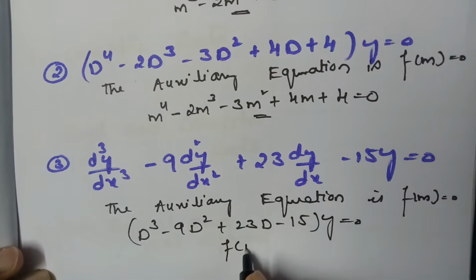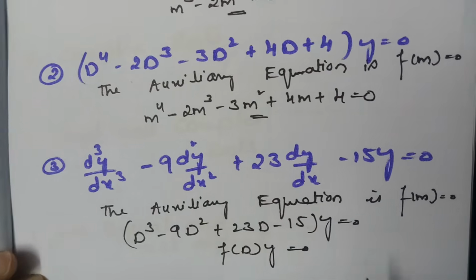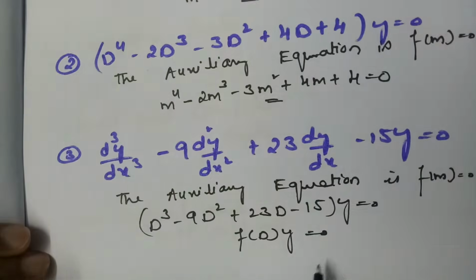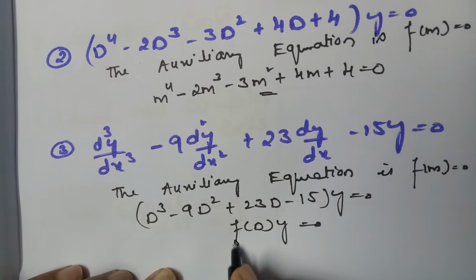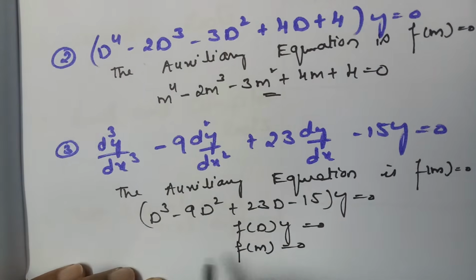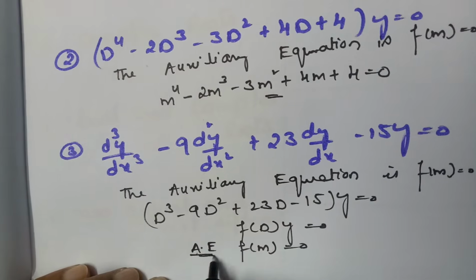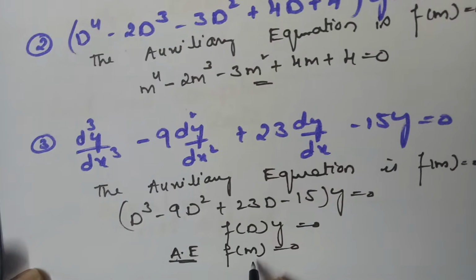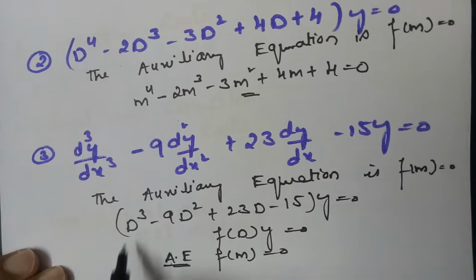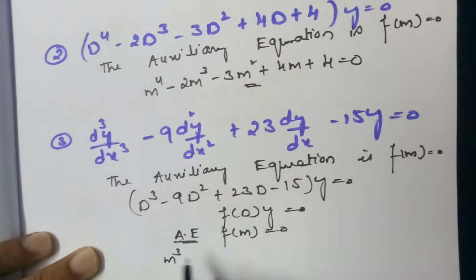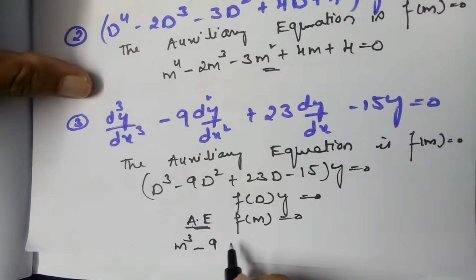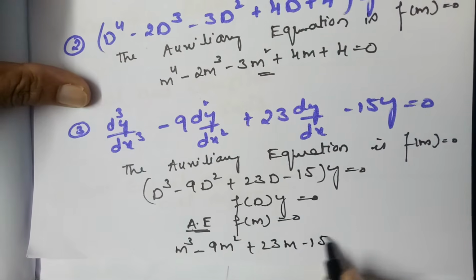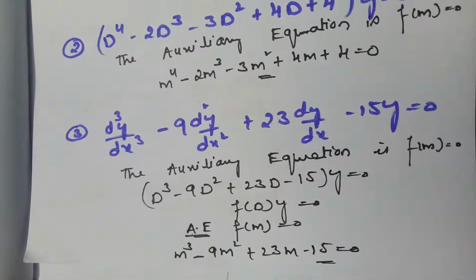This is of the form f of D of y is equal to 0. So for that the auxiliary equation is f of m equal to 0. Wherever I find D, I am going to substitute m. So the auxiliary equation is m cube minus 9m square plus 23m minus 15 is equal to 0.